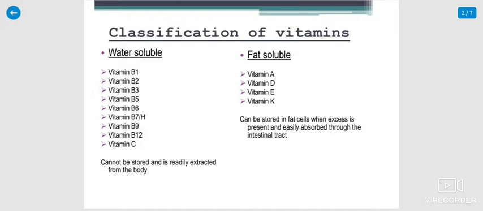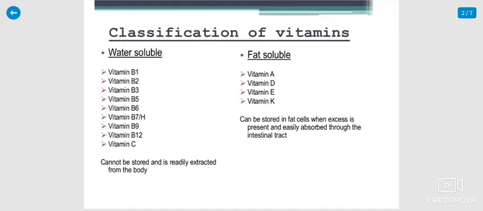Whatever you eat, food material like samosa or deep fried items, and green leaves, that means vegetables, fruits, etc., so many things contain vitamins, so they are classified into two types: water soluble and fat soluble compounds.